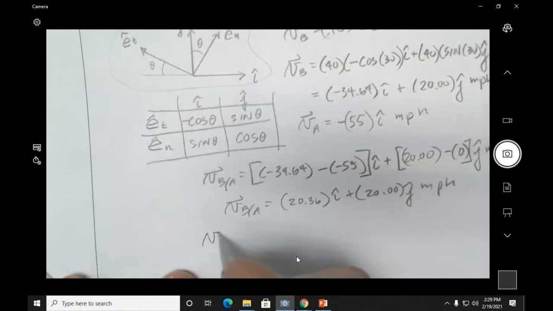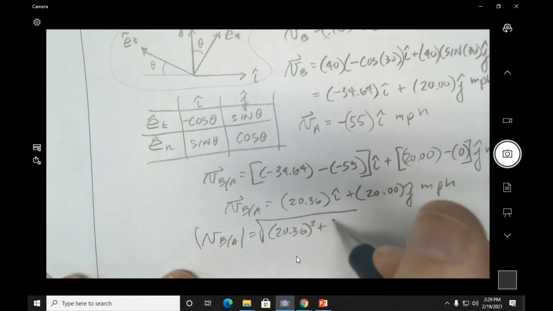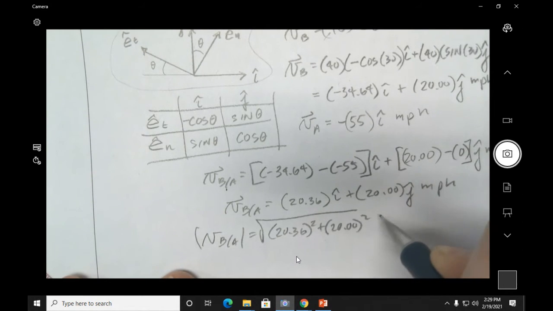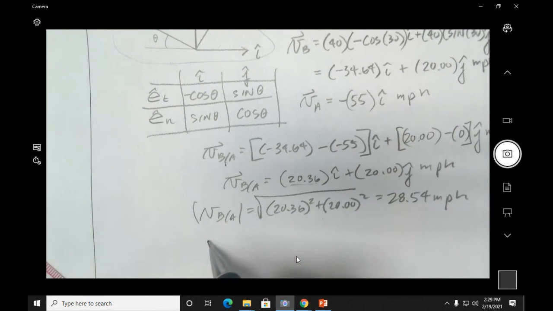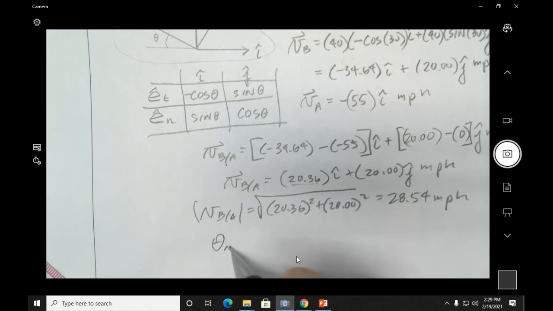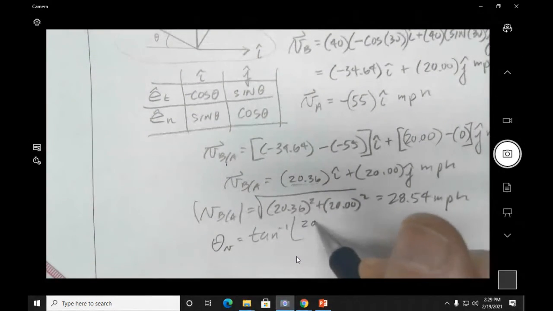And we wanted the magnitude and direction, so we get 28.54 miles per hour. For the angle, we notice there's both positive components, so it's going to be in the upper right quadrant, the first quadrant, and the angle is just going to be the inverse tangent of the rise over run.